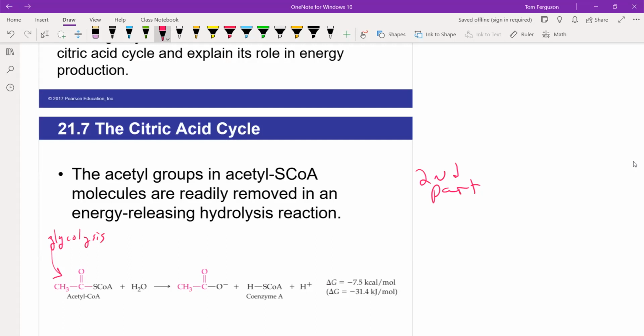Glycolysis gives us acetyl-CoA. From acetyl-CoA, we're going to start the cycle. The cycle is going to give off carbon dioxide and then lead us into the third stage, electron transport.